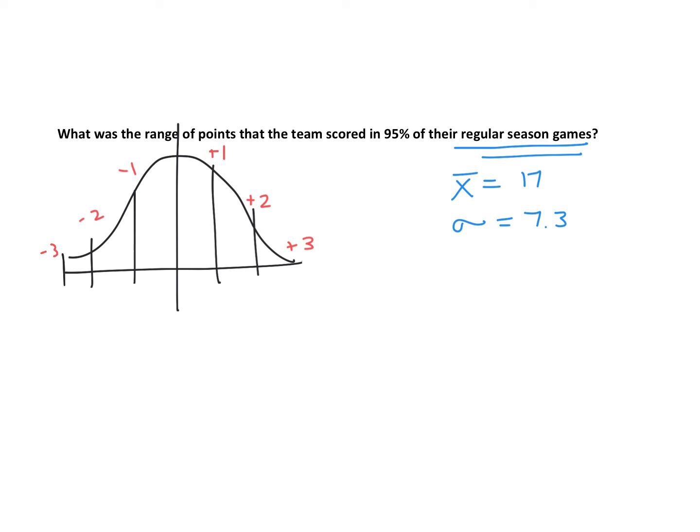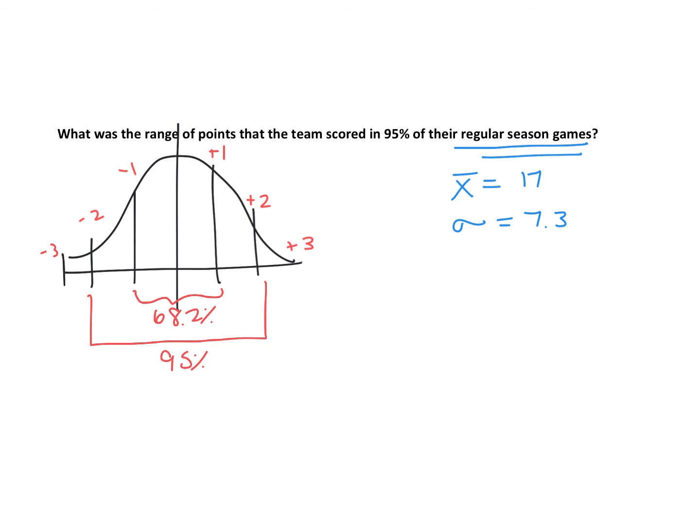Okay, so if you're within 1 standard deviation of the mean, remember the mean is in the middle, that's from here to here. That's 68.2% of the data. If we include 2 standard deviations away, that's that 95% of the data.